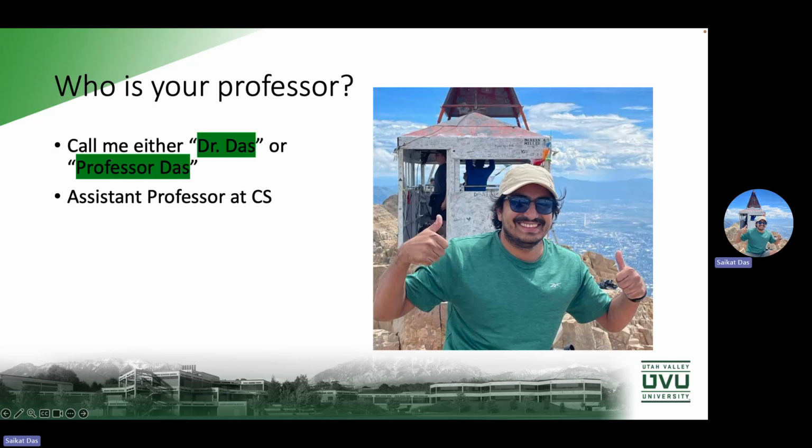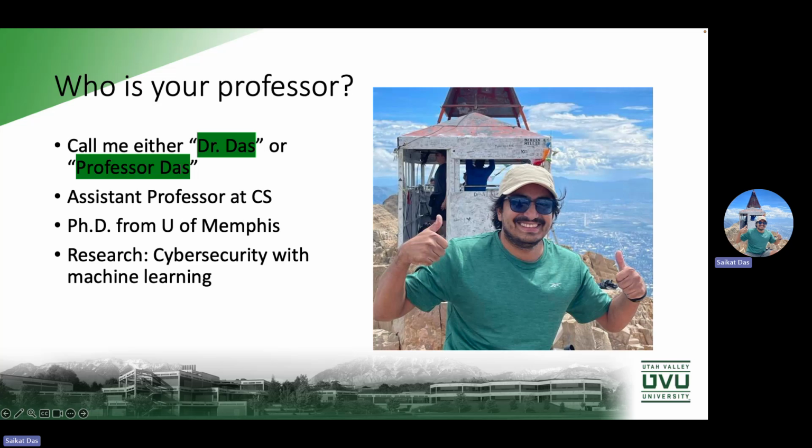Let's start with me. I'm not just a name in Canvas. Call me either Dr. Dash or Professor Dash. I am an assistant professor in computer science here at EVU. I earned my PhD from University of Memphis, and my research area is cybersecurity, especially applying machine learning to security problems.